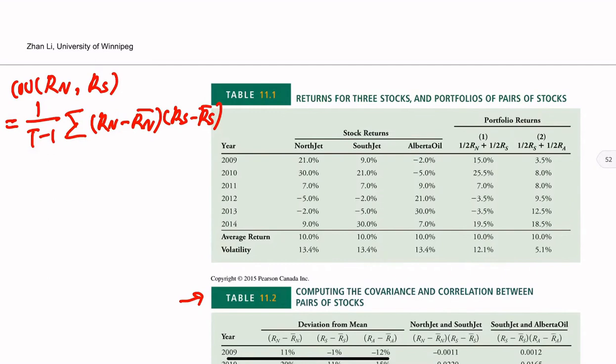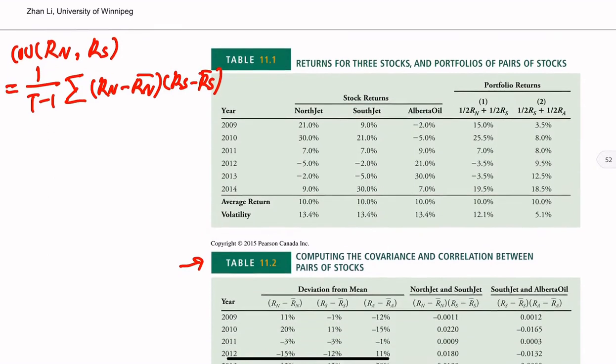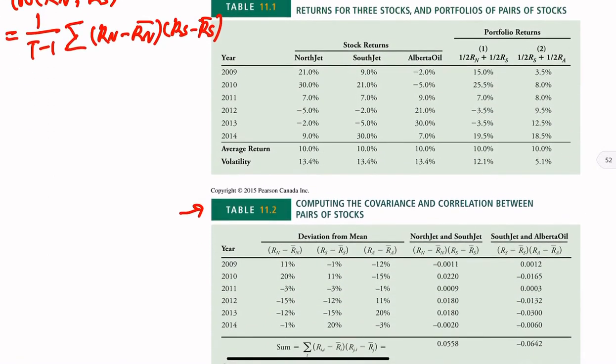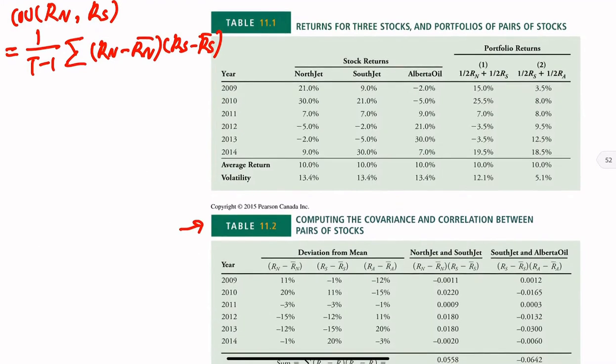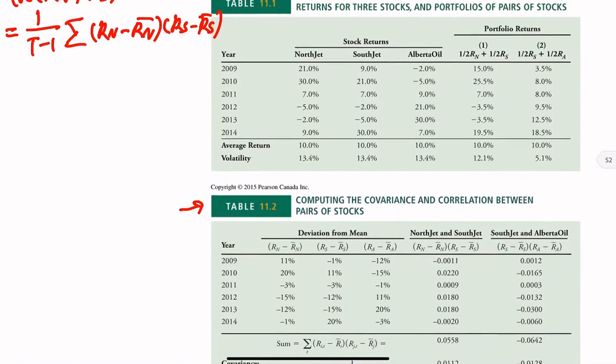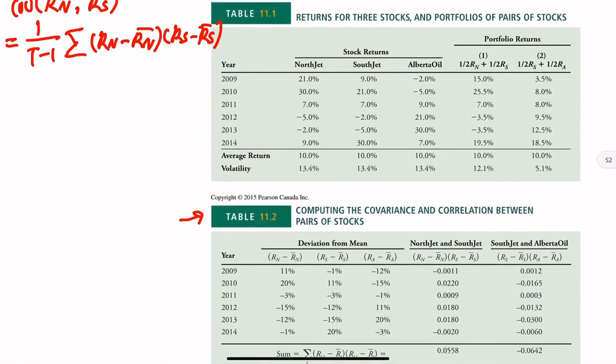Mathematically, it's not hard, but you have multiple steps. So this table gives you a clear demonstration of what steps you need to take to get your result. So let's see how the table does the calculation here.